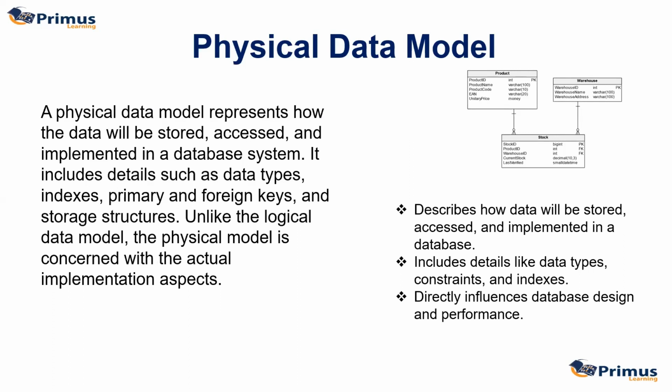What we are trying to say is that the physical model will present how the data is stored, accessed, which tools or storage facilities are to be used in the storage of this data, and how this data will be stored in those storage devices.